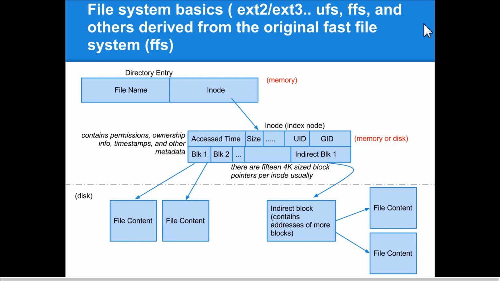The inode entry contains a lot of metadata: permissions, ownership info, timestamps, a user ID and group ID, and file size, and most importantly, it points to the actual data on disk. So these block 1, block 2, etc. point to actual physical locations on disk where the data actually resides.